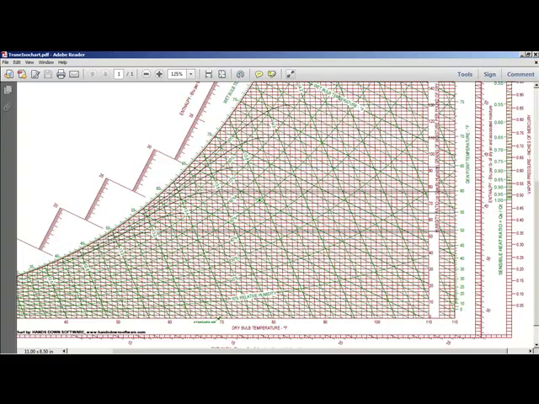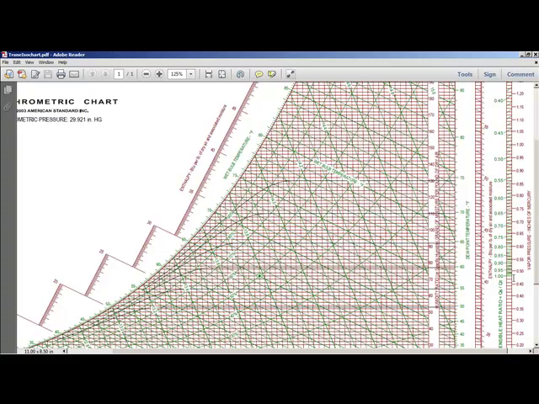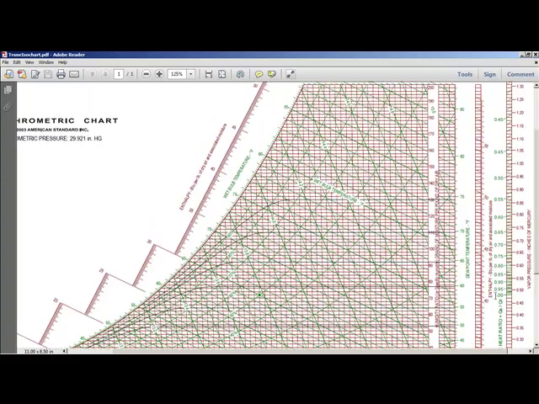As you can see, it says wet bulb temperature here. This is the saturation line. And we also have grains of moisture, and they go up vertically. And your vapor pressure also goes up vertically. And then the sensible heat ratio, and these lines go up this way.